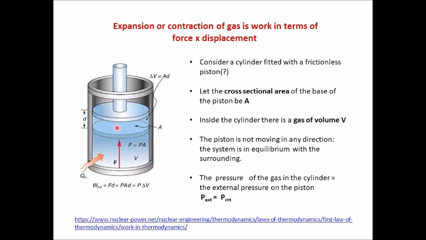Let the cross-sectional area of the base of the piston, that is here, be equal to A. Inside the cylinder there is the gas of volume V. The piston is just now not moving in any direction. That means the system is in equilibrium with the surrounding. The pressure inside the gas, that is the P internal, is equal to the pressure on the piston, that is P external.